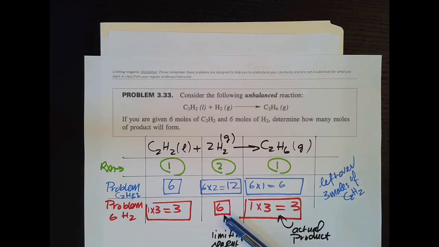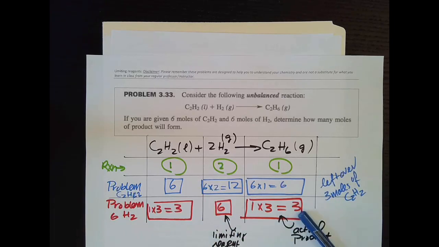For 6 moles of H2, we only require 3 moles of C2H2, and that makes 3 moles of the product, C2H6. So hence the 6 moles of H2 is the limited reagent. Now, what if we don't have anything in moles? That's the next problem we're going to talk about in a second.